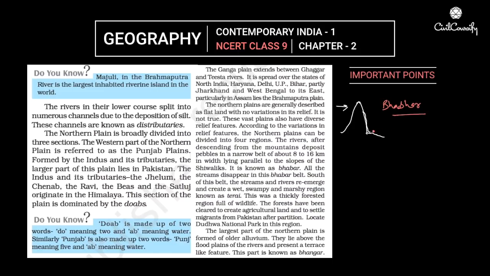Bhabar is the region in the lesser Himalayas where you must have noticed there are a lot of stones and the river flow has reduced. The river eventually emerges from underground in this region, which is the Terai. This region is known as the Terai region, and it is swampy, marshy land with a lot of grass. This river then flows to the next phase, which is Bhangar.